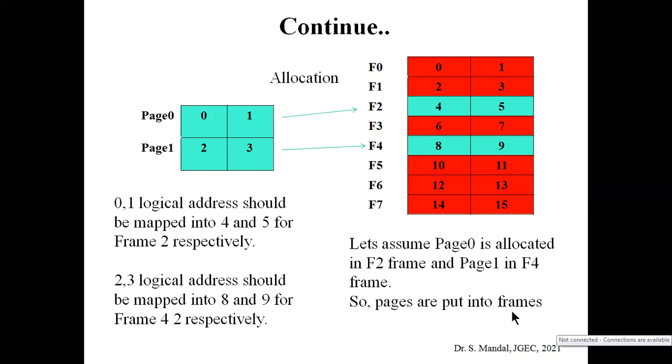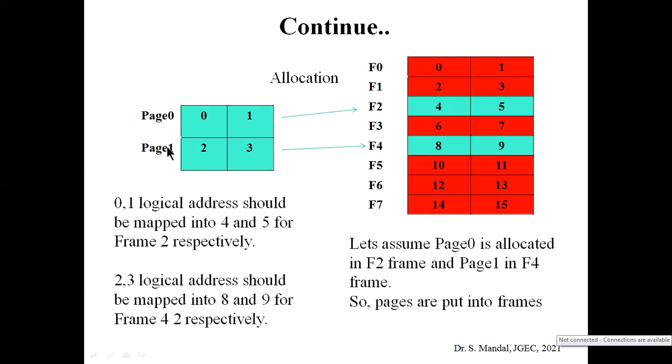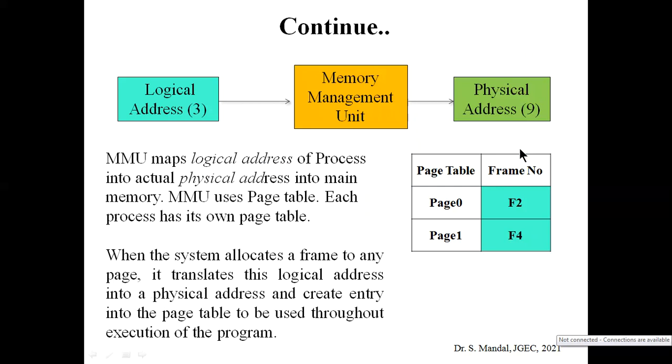Consider a scenario like logical address 3 for page 1, which is allocated to f4. So logical address 3 corresponding to page 1 should be mapped into physical address 9 in the respective frame. So how can we convert logical address 3 into physical address 9?